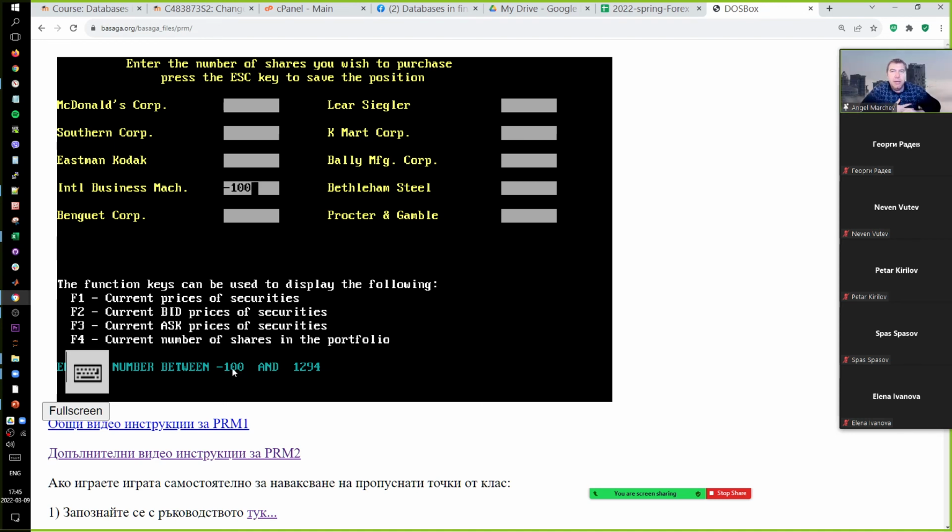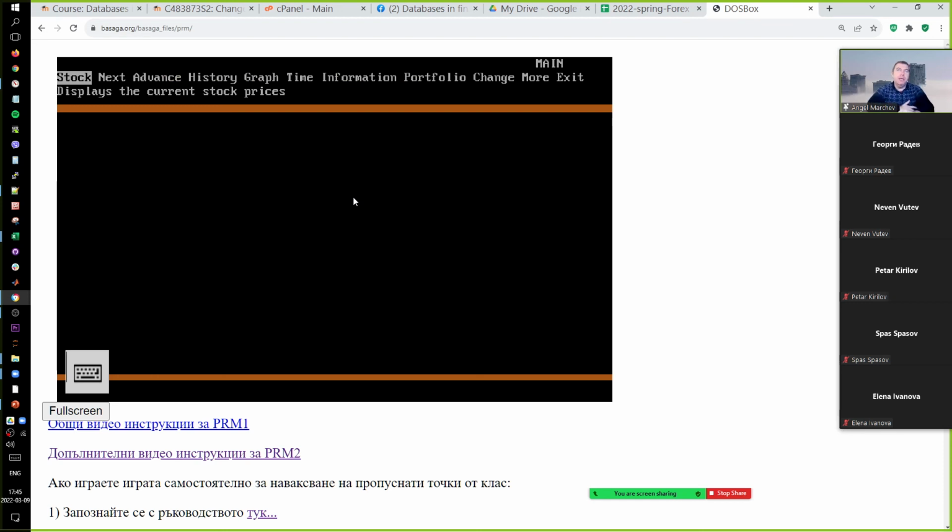I can see here that it says I enter a number between minus 100 and 1294. Or I could have pressed F4, and I can see that I have 100 from these and 300 from the others. So I'm going to sell the IBM and press escape, and I just sold IBM shares.